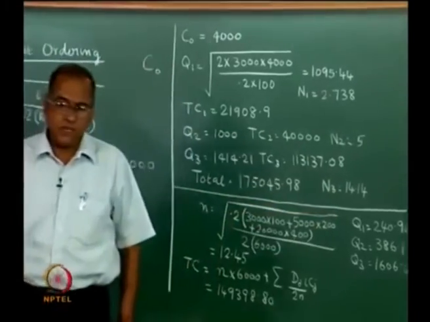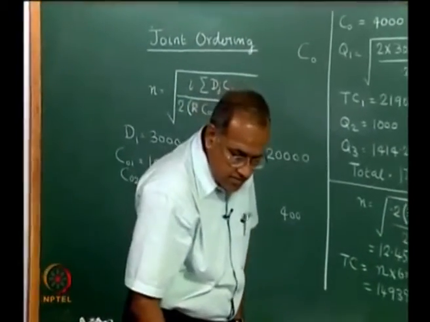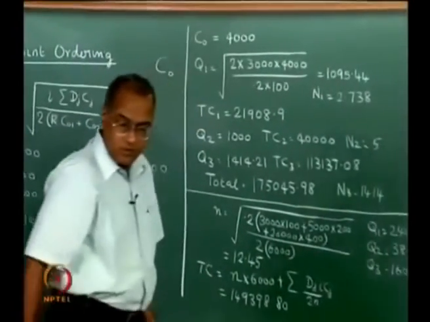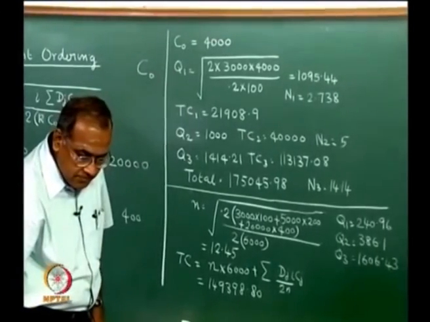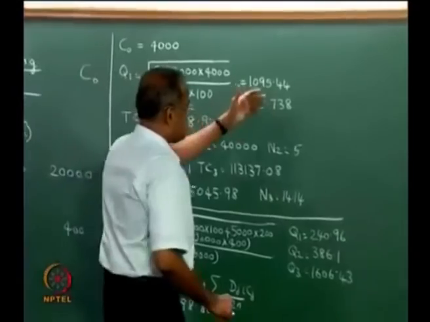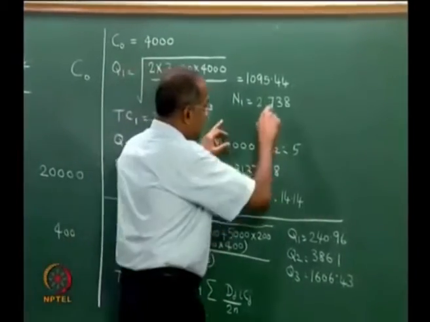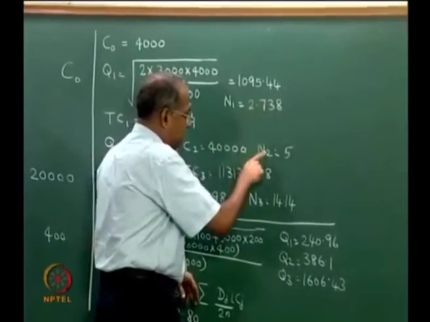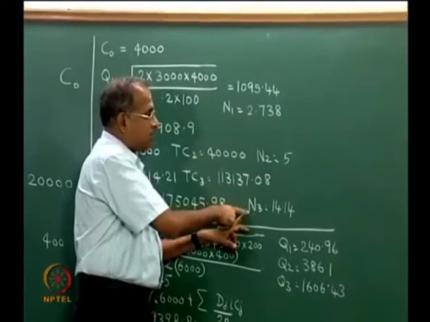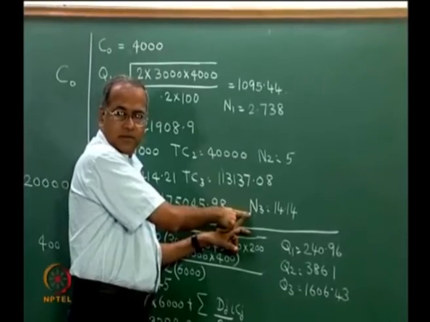Now, instead of using 1:2:5, suppose we look at 1:2:4. Instead of looking at 1:2:5, if we say that the number of orders is roughly 1:2:4, 2.7 into 5 is about 13.5.